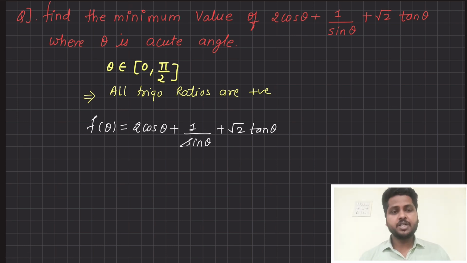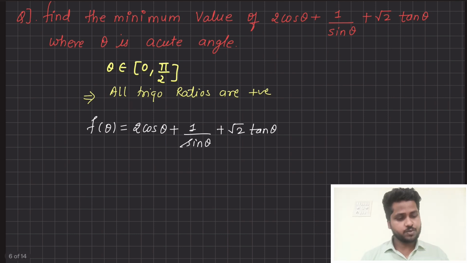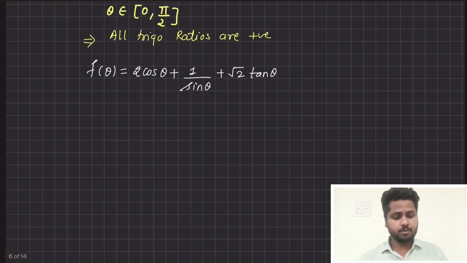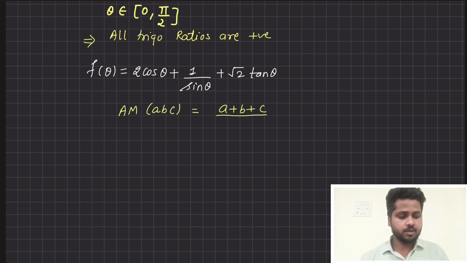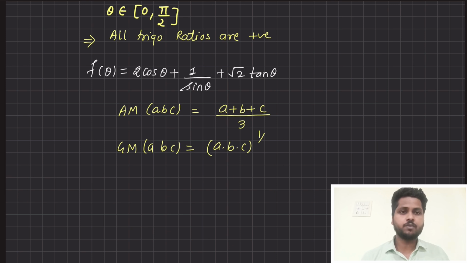Because we have three numbers, 2 cos theta, 1 by sin theta and root of 2 tan theta, what is the arithmetic mean for three numbers? Arithmetic mean of A, B, C is equal to A plus B plus C divided by 3, and the geometric mean of those numbers is equal to A into B into C whole raised to 1 upon 3.